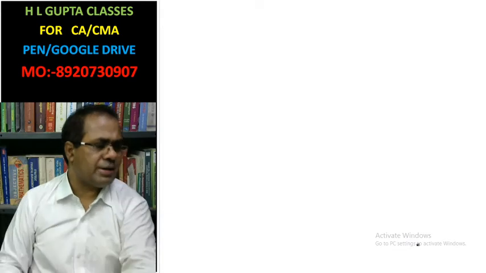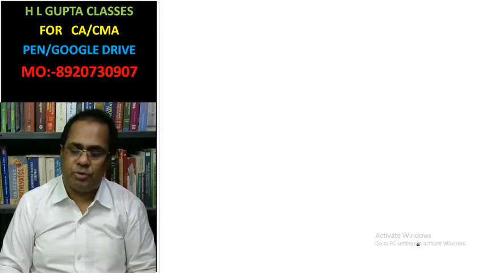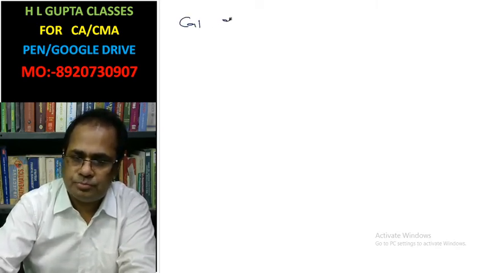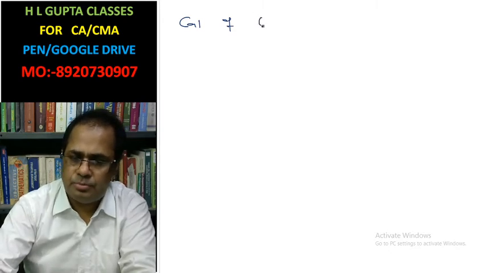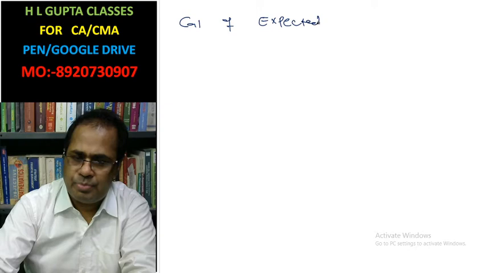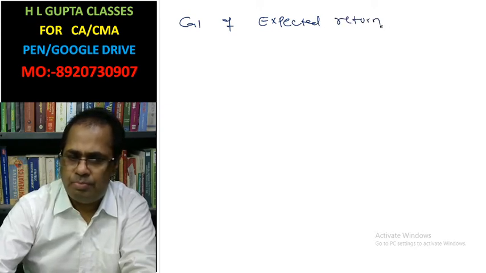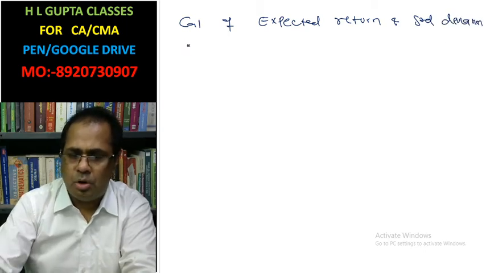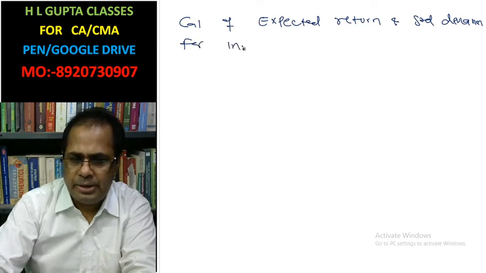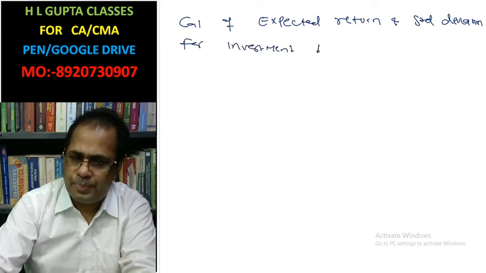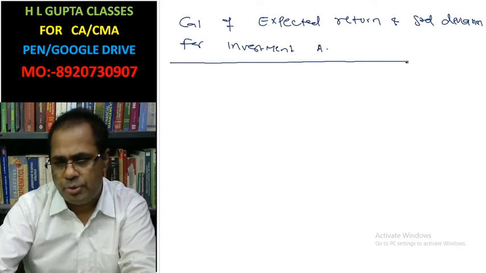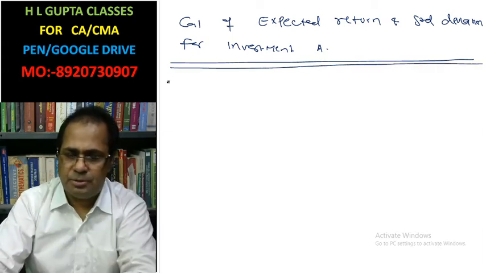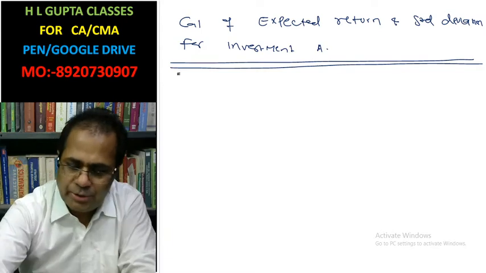Okay, I am going to calculate the standard deviation and expected return for securities investment A. Calculation of expected return and standard deviation for investment A. What is the return?